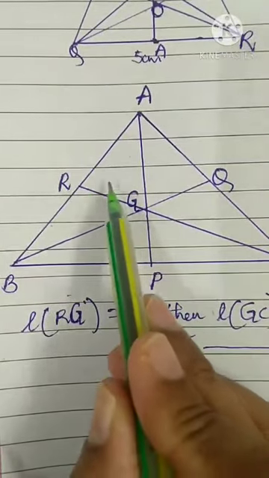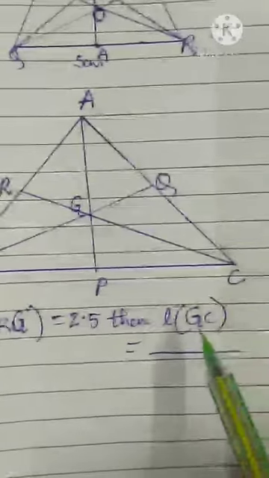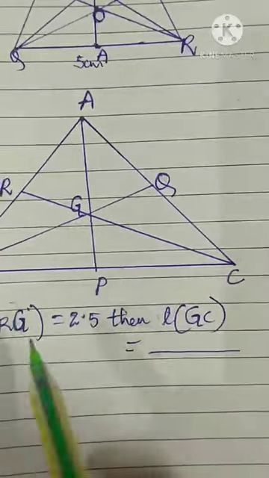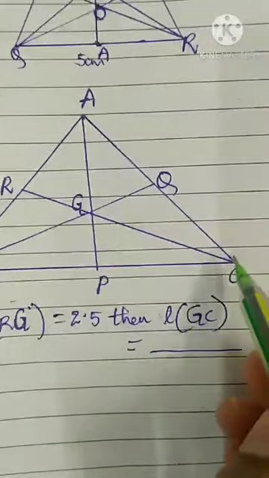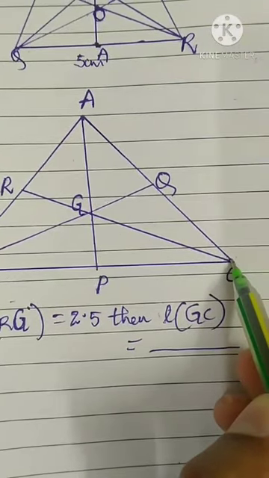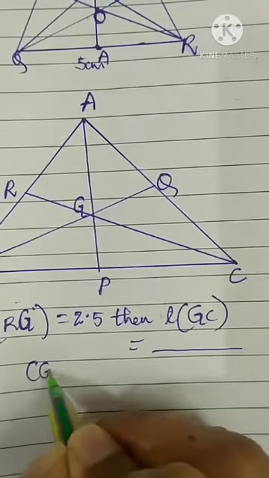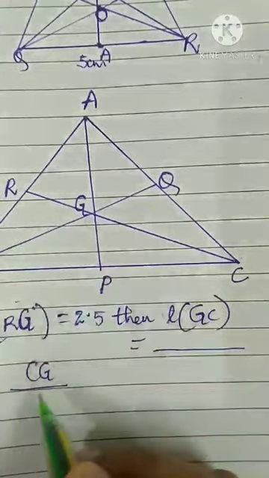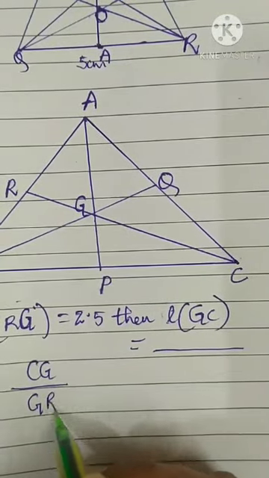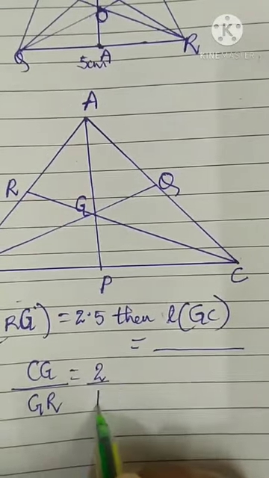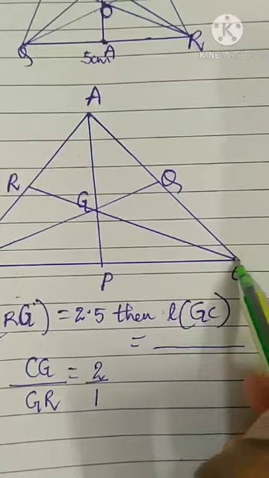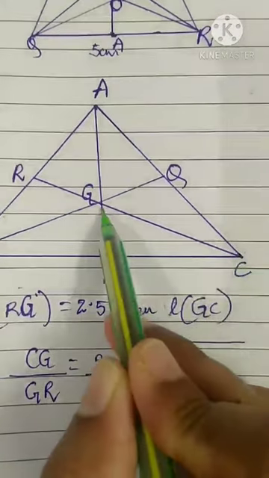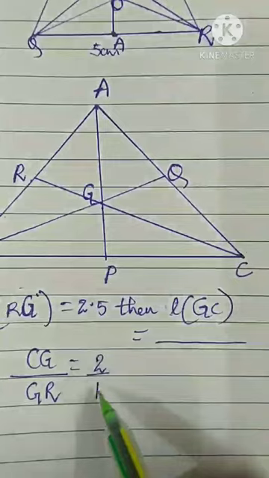RG is given as 2.5. Then what will be GC? So what is the relation I told you? From the vertex you have to start. That is, CG upon GR will be 2:1, no? 2 upon 1. From the vertex you have to start always. CG upon GR is 2:1.